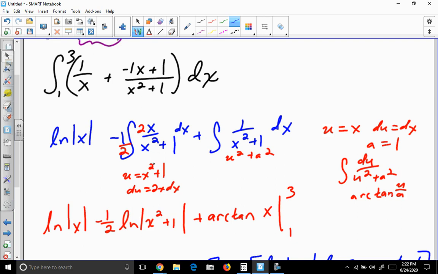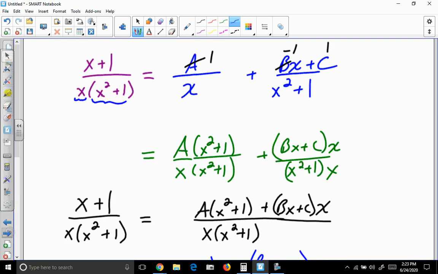Then it goes back to what formula we use to integrate that. If this degree is 1 smaller than that, then try letting this be u and see if we can make du. If this degree is not exactly 1 less than that, here we're going to try u squared plus a squared, and that's what it ended up being.